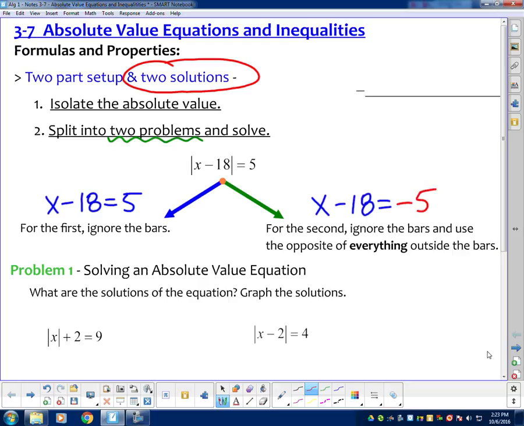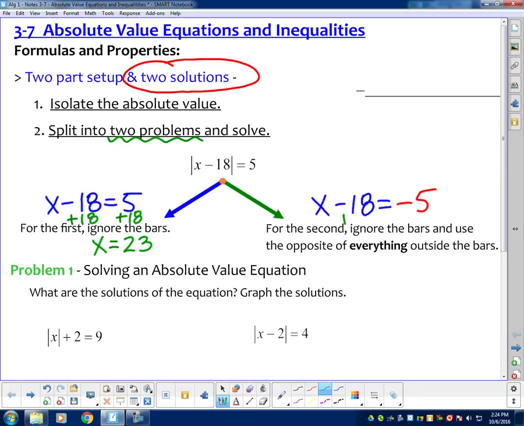Now, when I work this one down, I am not going to get something like 10 and negative 10. Okay, what would I get here? What's 18 plus 5? 23.